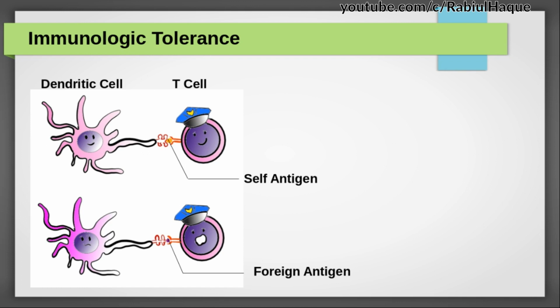So this is an example of immune response, and the image that is drawn on the top of this slide was an example of immunologic tolerance. So always remember, the best example of immunologic tolerance is that of self-tolerance, and it means our body is tolerant to our own antigen or to self-antigen.